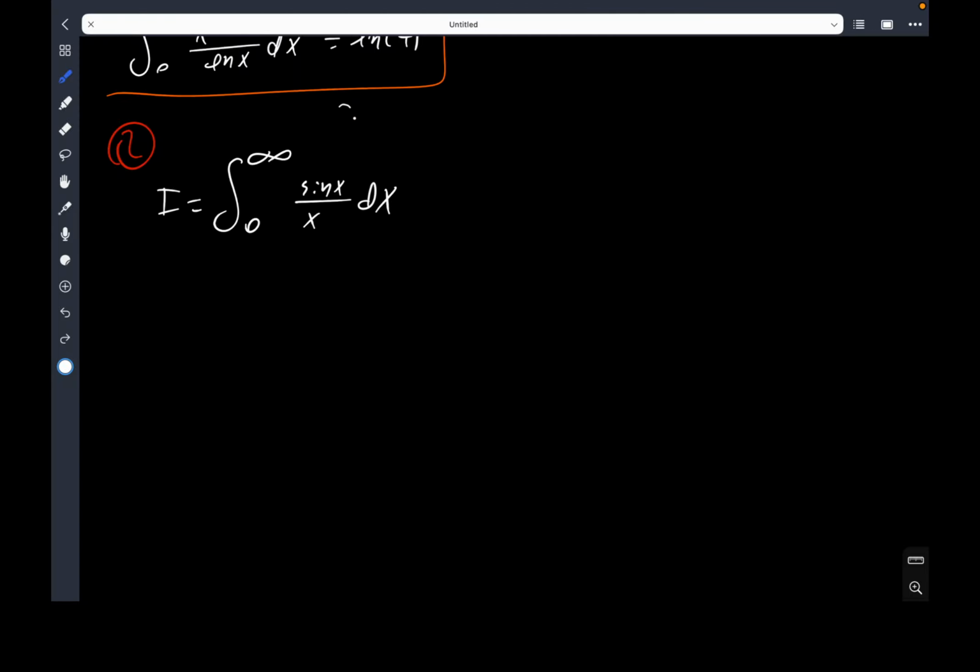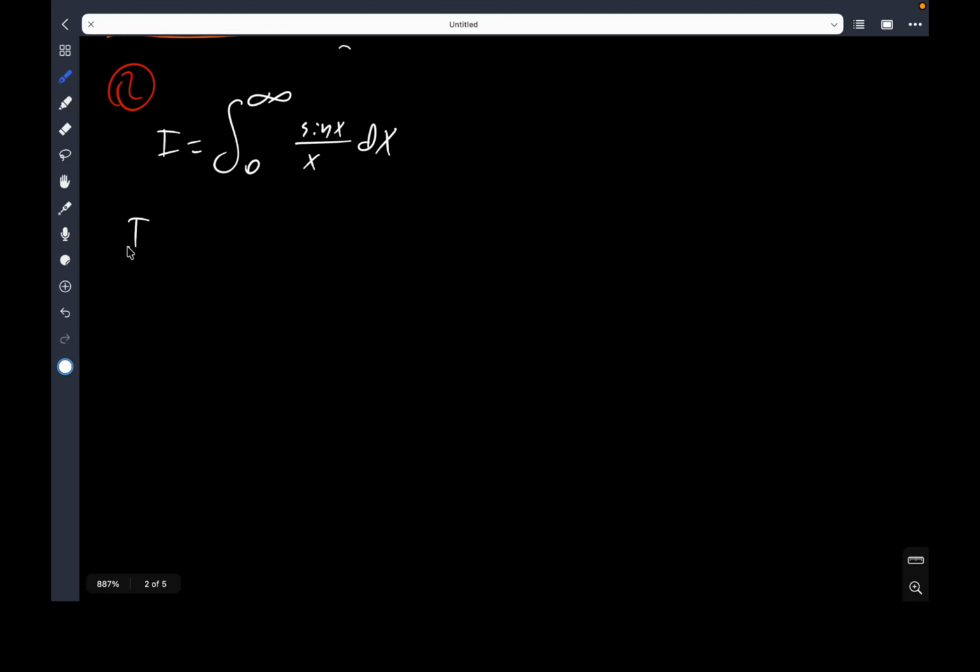You notice that we could have solved it if there was no x in here, and you might think that we can introduce a new parameter and say it's going to be the integral from 0 to infinity of sine of xt over x dx.